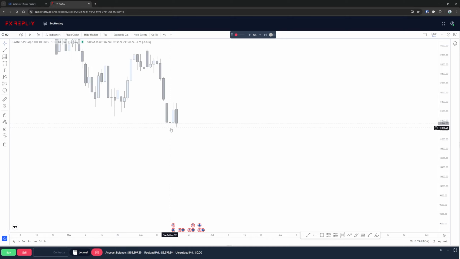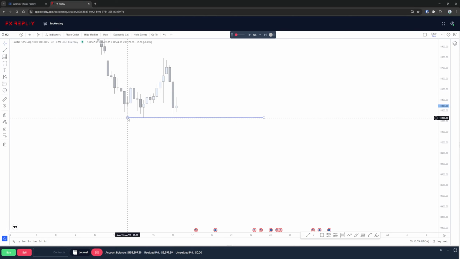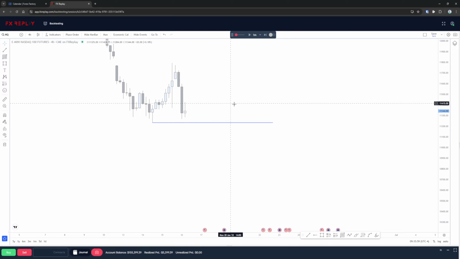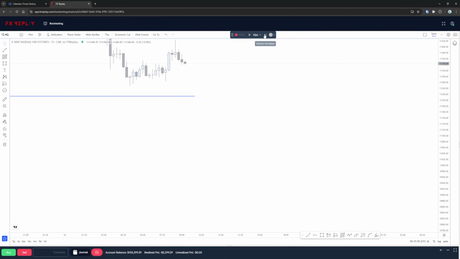Yeah, so we've got an internal to external on the daily, so I do think we're going to go for this low. Be interesting to see what happens after we take this low. So I think I have a bearish bias to this low. We see what New York Open does.